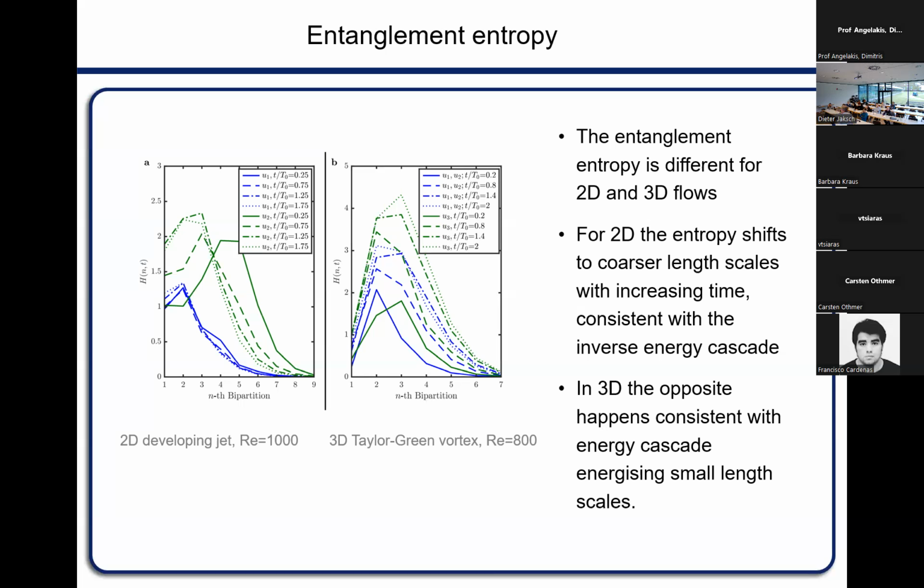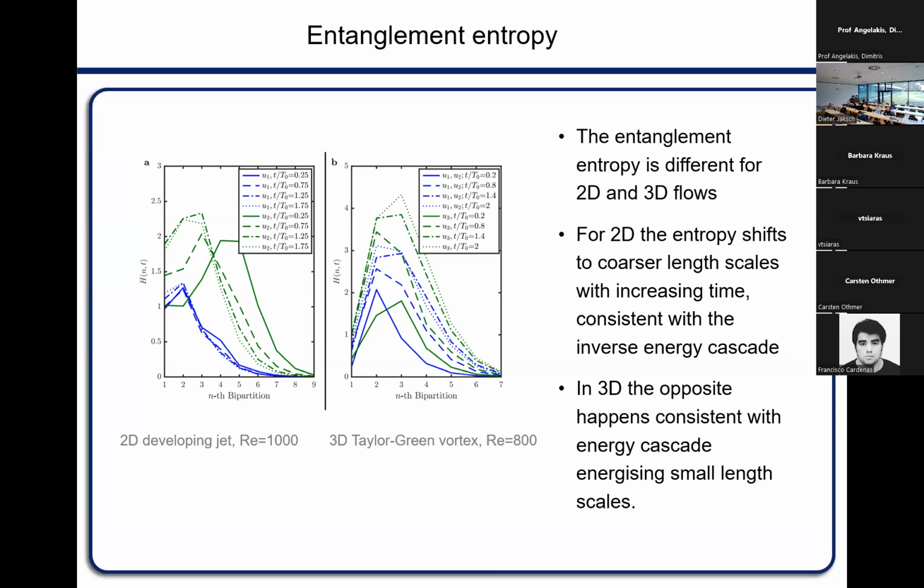So if we look at what happens in 2D and what happens in 3D as a function of time, we see here that in 2 spatial dimensions, the amount of entanglement between different length scales moves from the blue curves that we see at small times to the red curves that we see at long times. So this means that initially, much of the entanglement, much of the correlations are at the very smallest length scales.